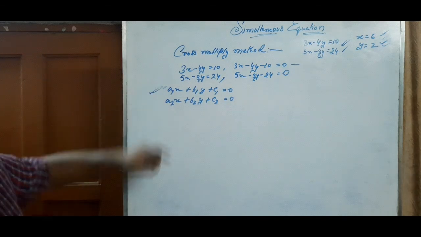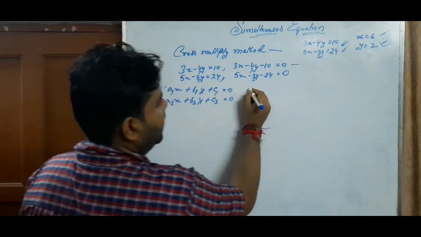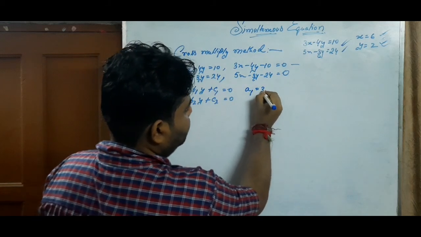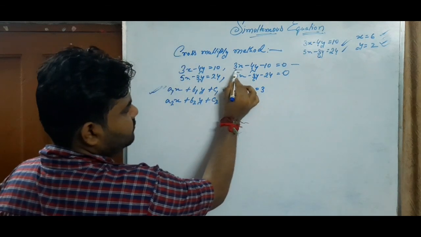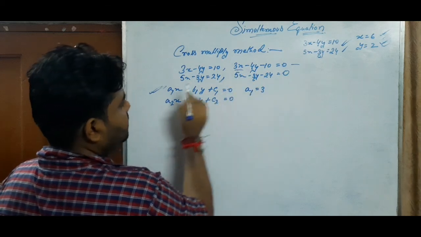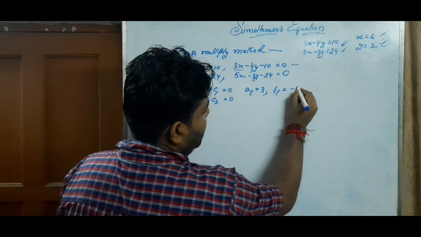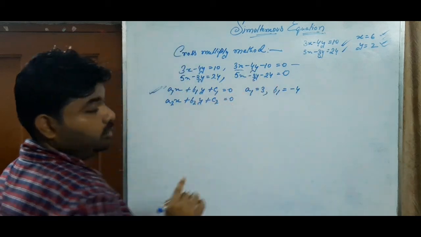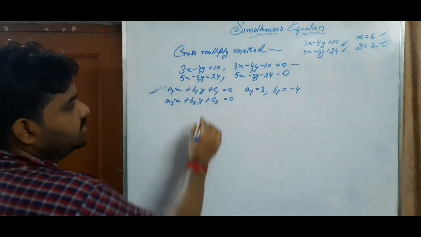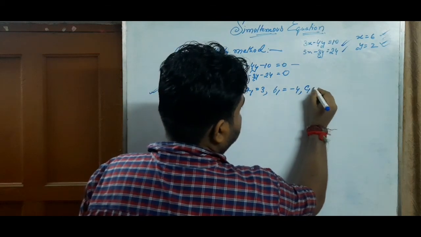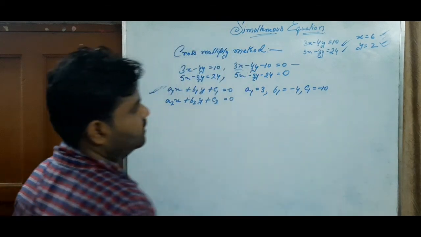Now while comparing, we can say that a1 equals 3. The coefficient of x for the first equation is 3, therefore a1 equals 3. b1 equals minus 4. We will also consider the sign. And c1 equals minus 10.